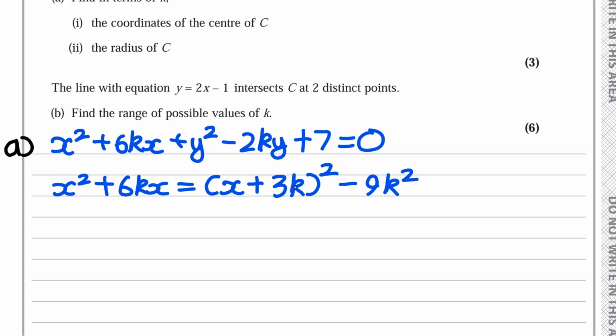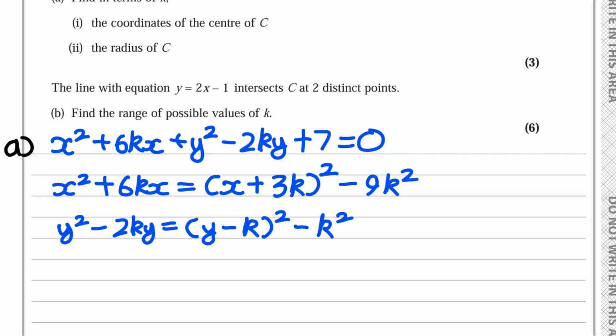And then if we focus on this y squared minus 2ky, so it's going to be y, and then we're going to half this minus 2k here, so this is going to be minus k, and then it's going to be to the power of 2 like this, and then we're going to minus this number here squared, so minus k squared is going to be k squared, so we're going to minus k squared like this here.